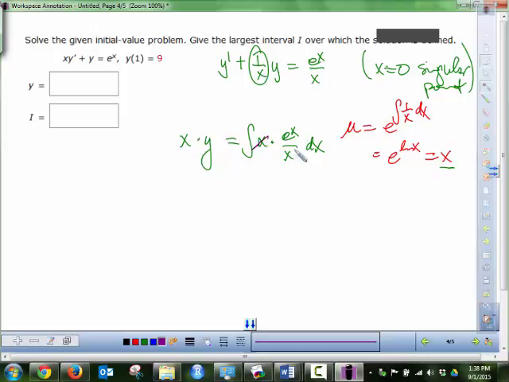So we would cross out the x's, and the antiderivative of e to the x is just e to the x. So my final answer is going to be e to the x plus c, and then I need to divide by x to get y by itself. So that x is under both of them.